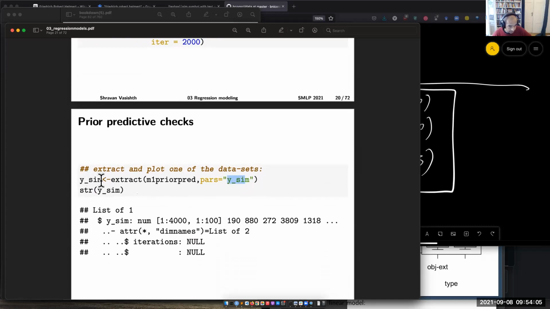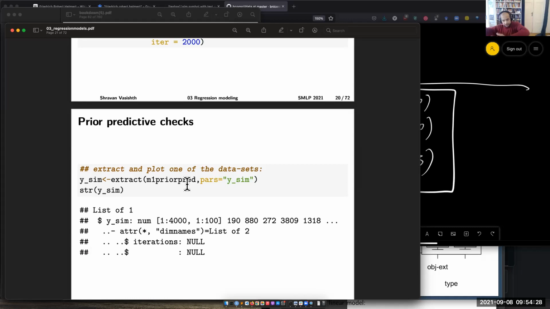And once I look at the object, what does it contain? What it contains is 4,000 rows and 100 columns. You see that? So this y_sim matrix contains 4,000 simulations. What I've done is 4,000 times I've generated data sets of length 100.